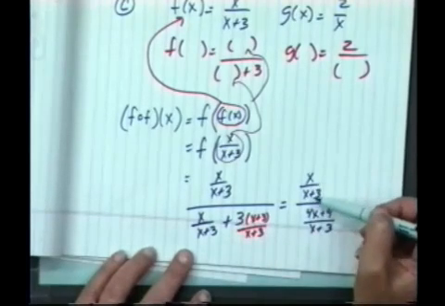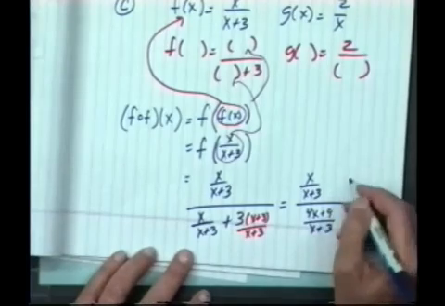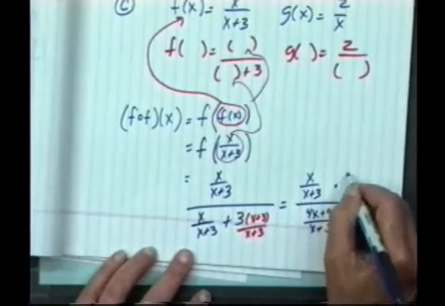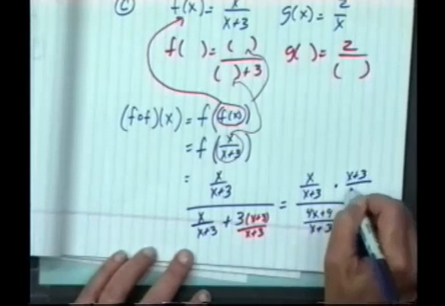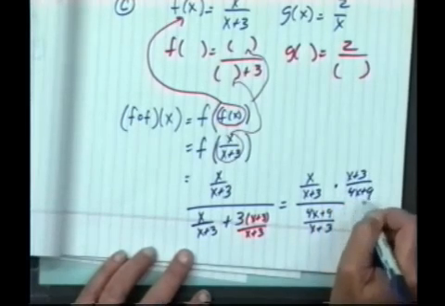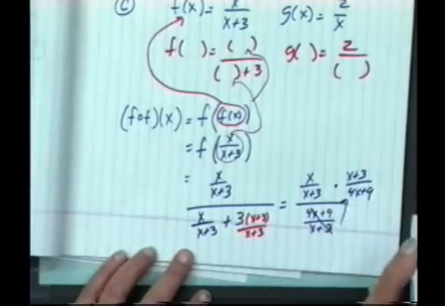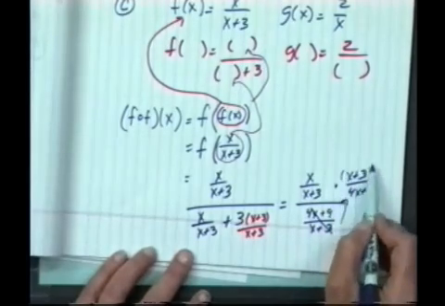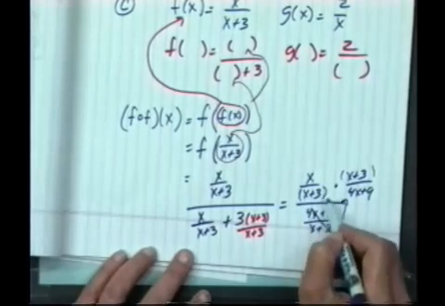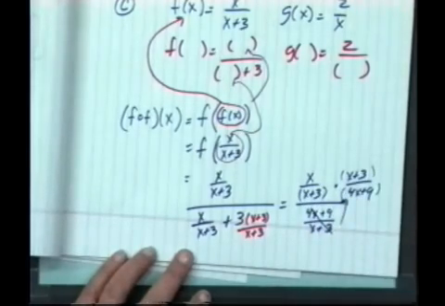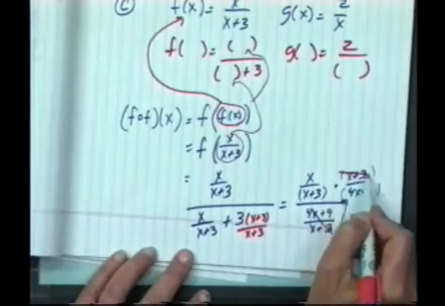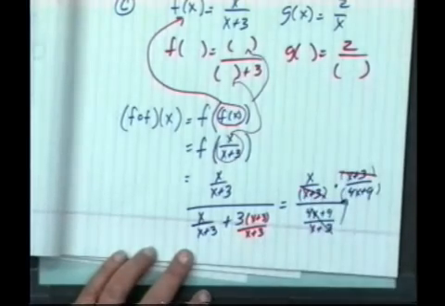Right now I have a single fraction divided by a single fraction, so we're just going to invert and multiply. And when we multiply, you'll notice that X plus 3 is a common factor in the numerator and denominator.